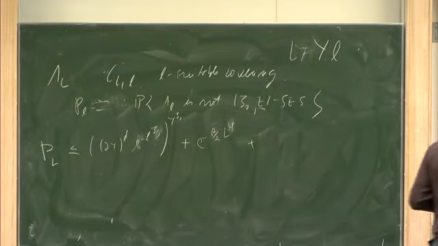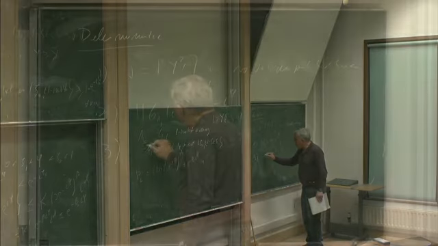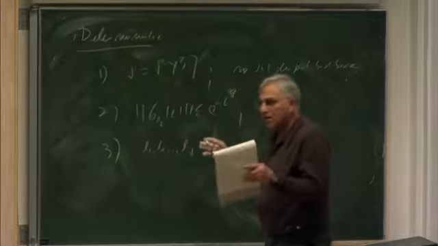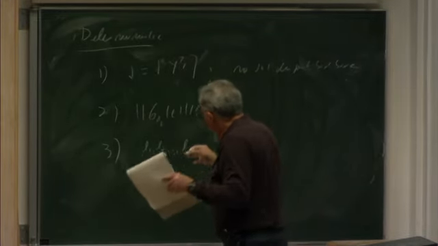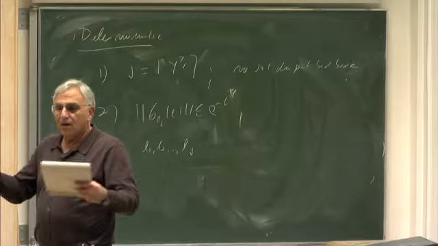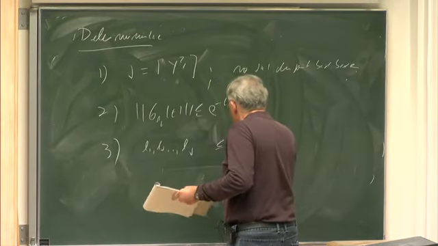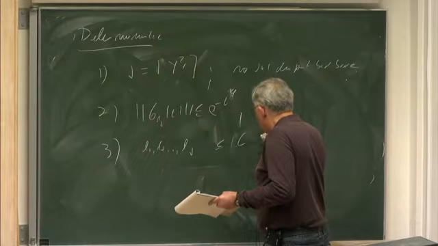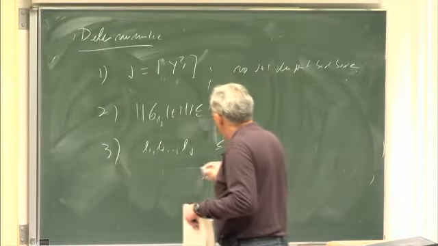And now I have sizes of boxes, let's say L1, L2, up to capital J. These are the sizes of boxes I need to put inside all the bad boxes, but at the same time, they are far apart, so if I go outside, they are all less than or equal to L, actually less than some constant times little L, which is fixed.